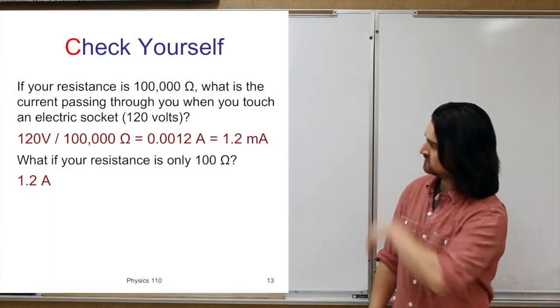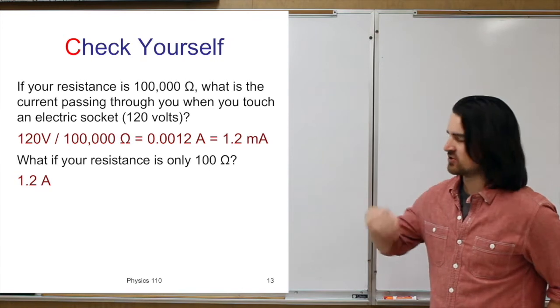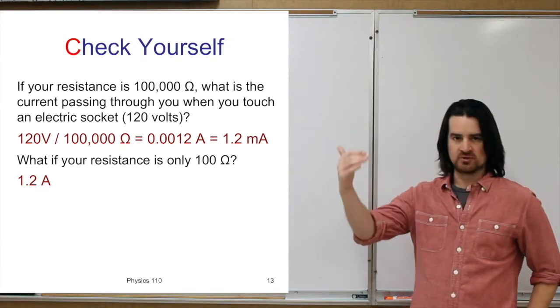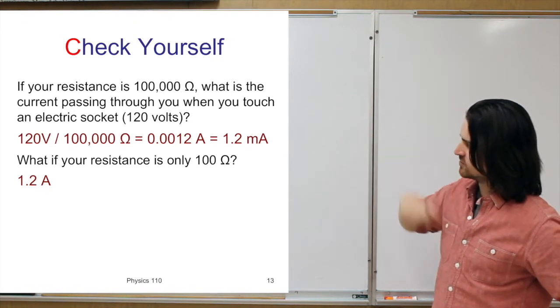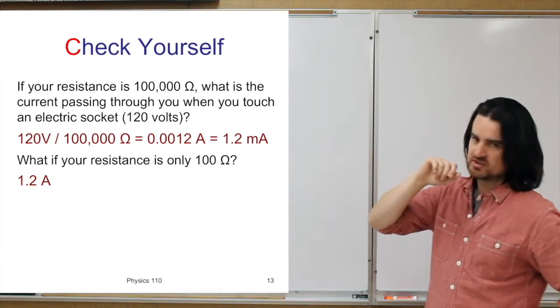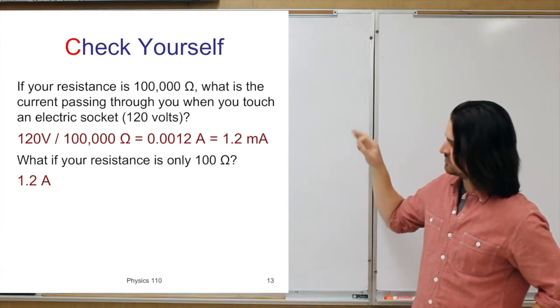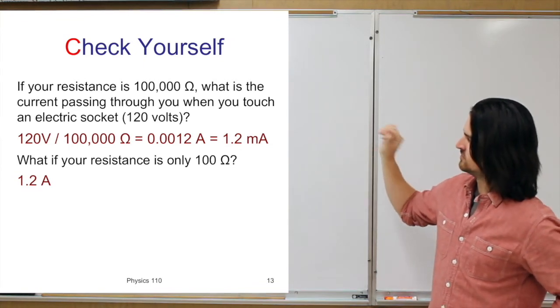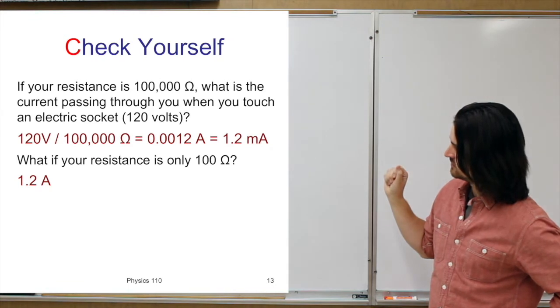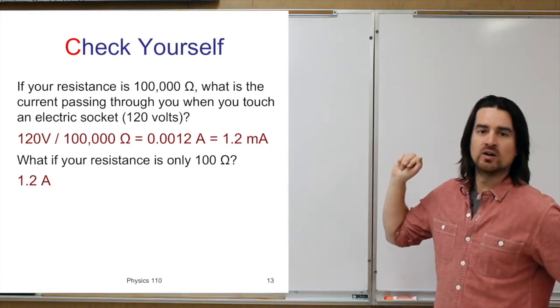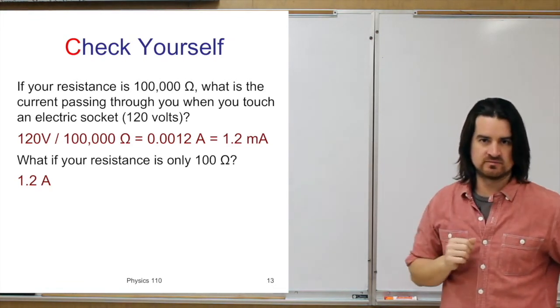All right, so there you go. Ohm's law says the current that's going to flow is equal to the voltage divided by the resistance. So this is our voltage, 120 volts, divided by the resistance, 100,000 ohms. We would get 0.0012 amps, or 1.2 milliamps.